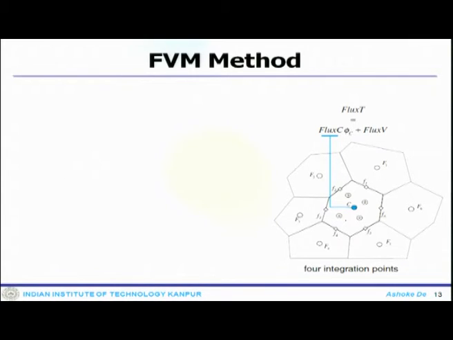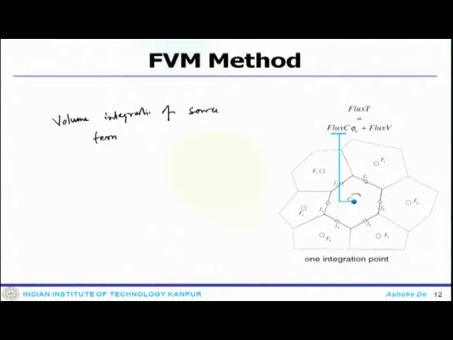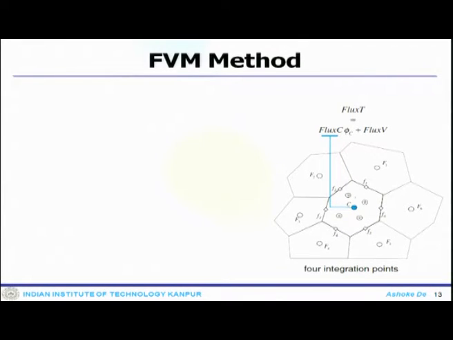Now, when you try to get the volume integration, you need multiple points inside the element of the volume. So, you could have 1 point to integrate, you could have 4 points to integrate, or you can have more. Accordingly, your calculation of this xi and WIP will be different.